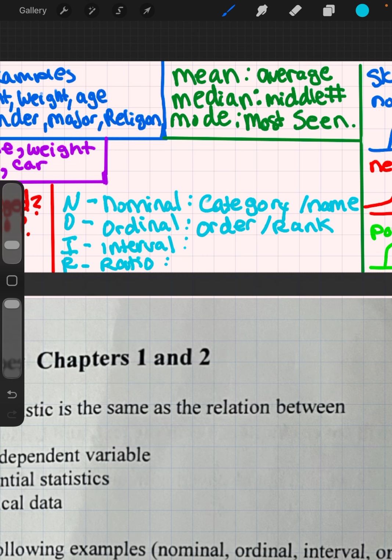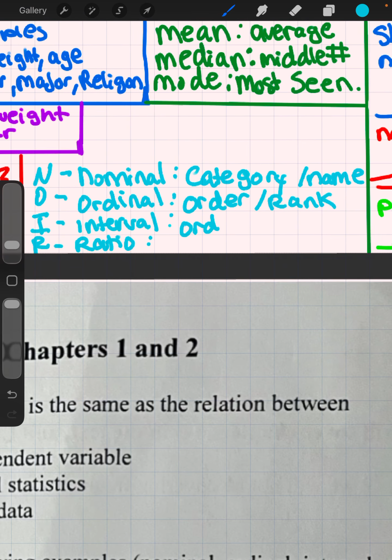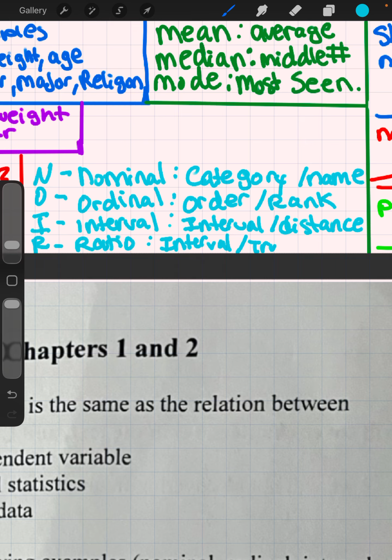Interval is distance. And a ratio is also interval, but with a true 0.